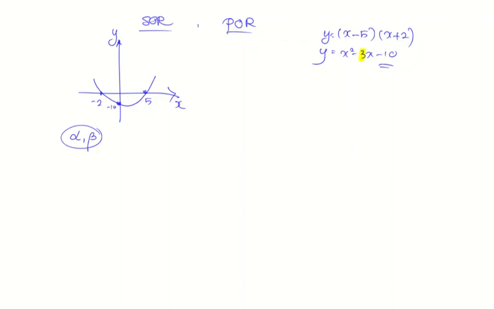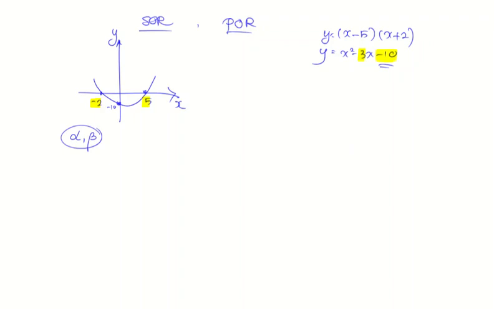the negative, the sum of root over here. Product of root, negative 2 times 5, we are actually doing this one, product of root.